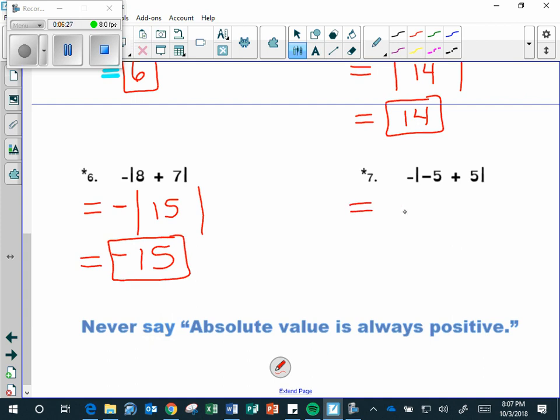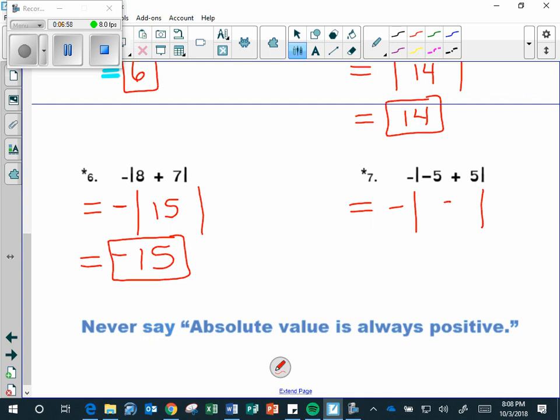Let's try our last one here. Bring down the bars, negative 5 plus 5. Even though we're just now getting into integers, in our next section, we're going to talk about adding and subtracting integers, but when you add two numbers that are opposites of each other, like 5 and negative 5, it makes sense if you owe $5 and then someone gives you $5, well then you're back at square one.